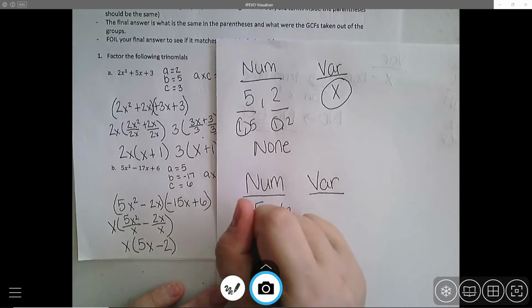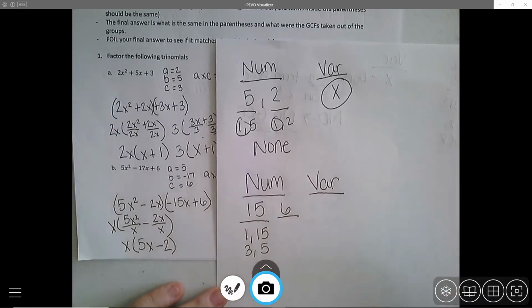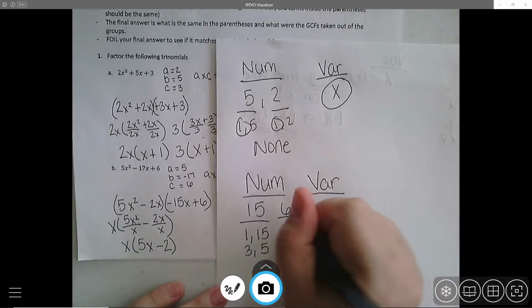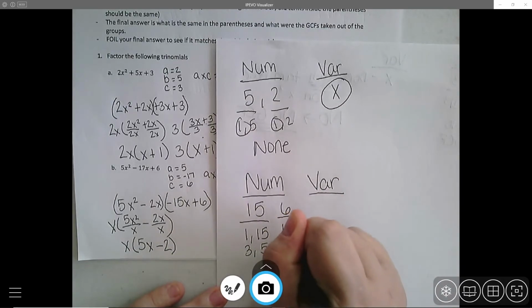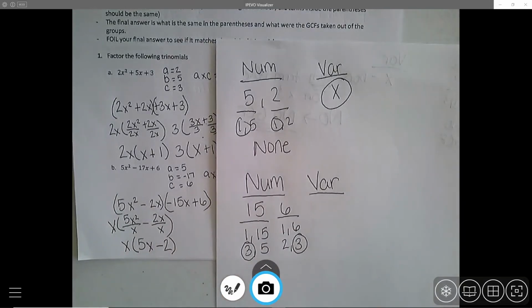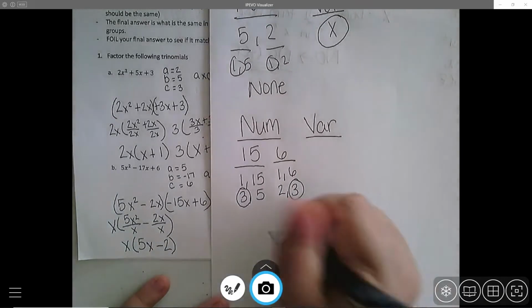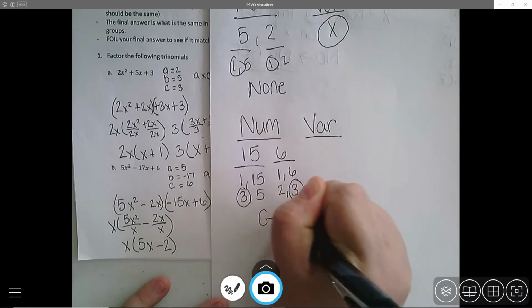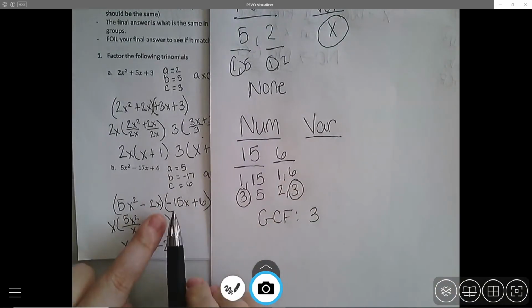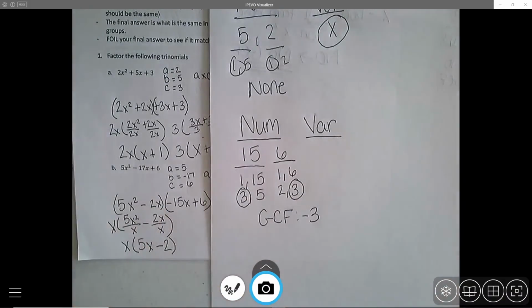Factors of 15 are 1 and 15, 3 and 5. Factors of 6 are 1 and 6, 2 and 3. Notice how they both have a 3 in common. So to write out my GCF will have a 3, but since my leading term is negative, it has a negative 3.